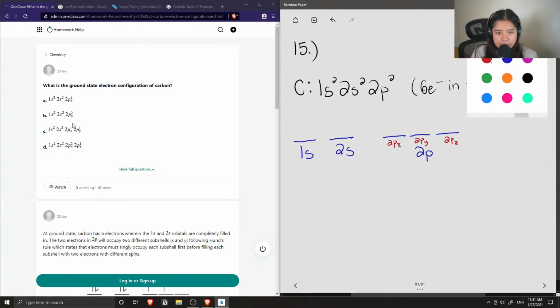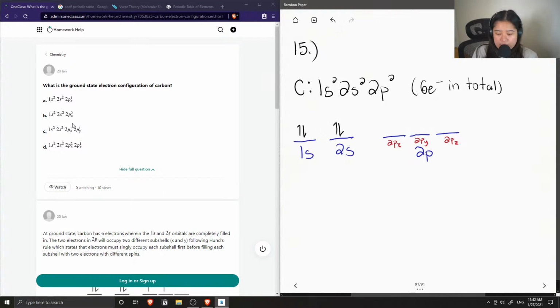So now let's write out our electron configuration, actually showing what the electrons would look like if they were in these different subshells. So for the 1s, it contains the 2 electrons, and they'll have opposite spins, like so. And we do the same thing for the 2s.